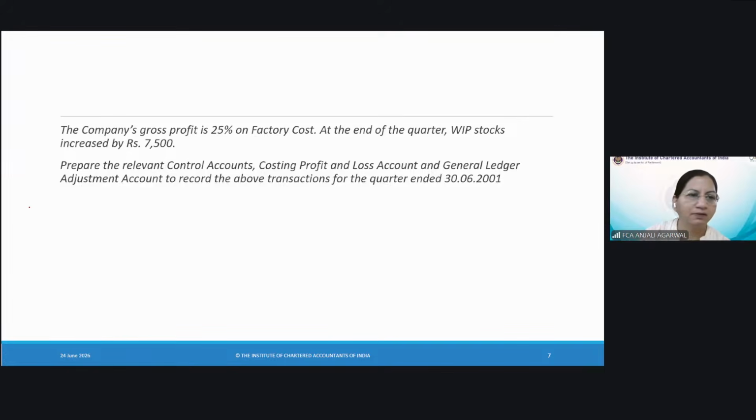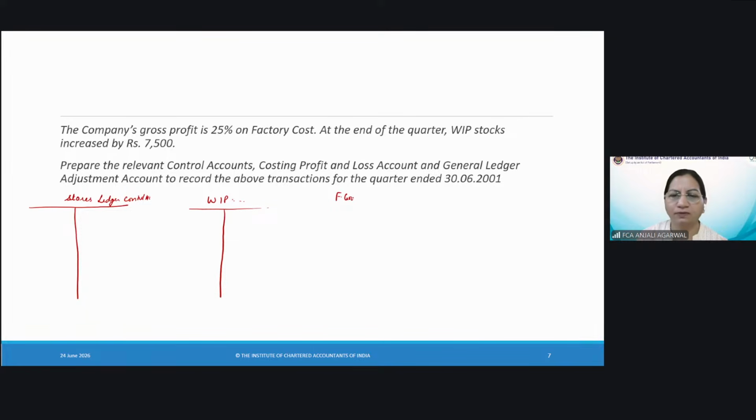and you will prepare a stores ledger control account, a work in progress control account, a finished goods control account, and cost ledger, or because the name here is general ledger, you will call it general ledger adjustment account.